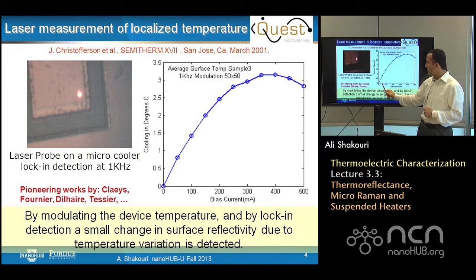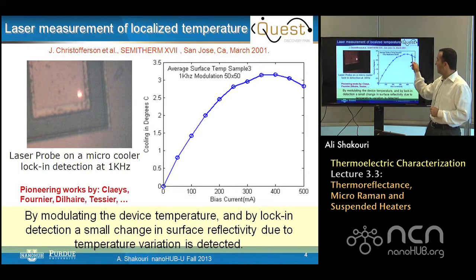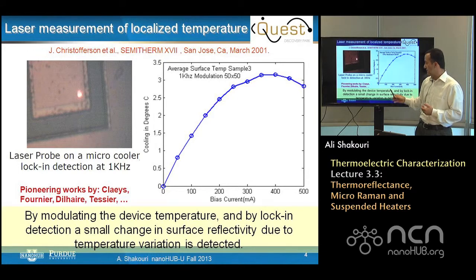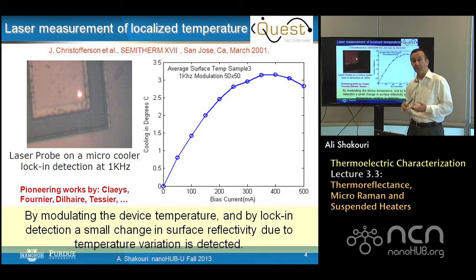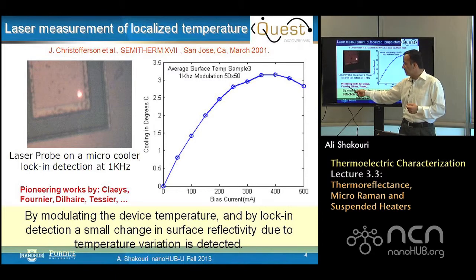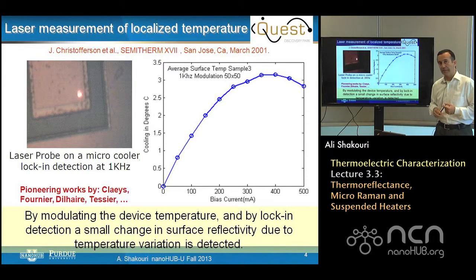By some calibration, we are able to measure temperature versus current applied. You can see a very nice cooling curve. These types of single point measurements were pioneered by the groups of Claes, Fournier, Delaire, Tessier, and others, mostly in France. This is very precise.